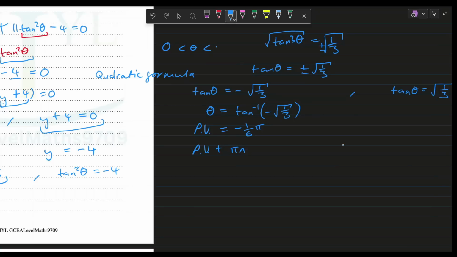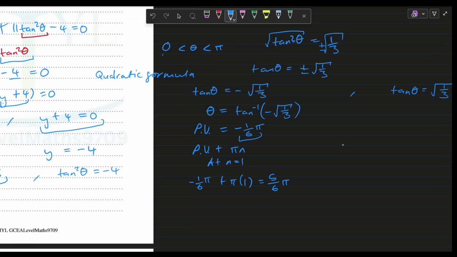For example, at n is 1, our principal value, negative 1/6 pi, plus pi times 1 gives us 5/6 pi.